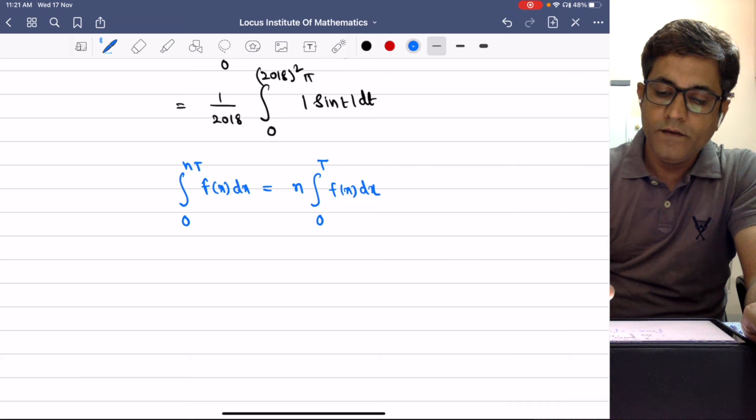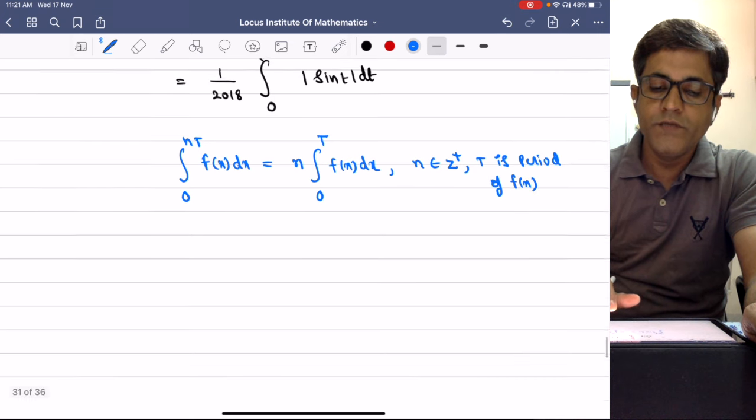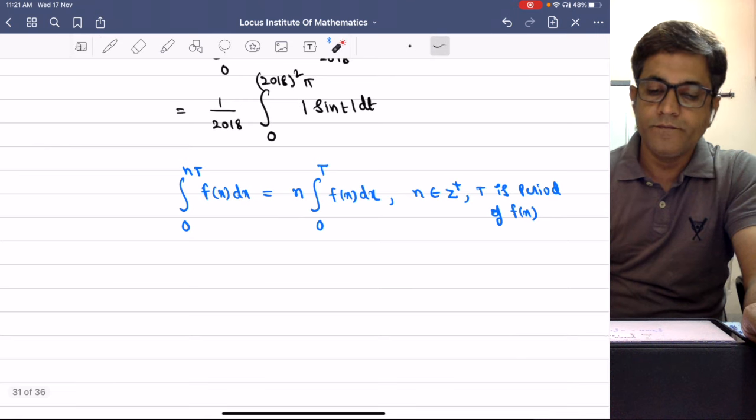Here n belongs to Z plus, that is, n is a positive integer, and T is the fundamental period of f(x). So now use this property to solve this question.